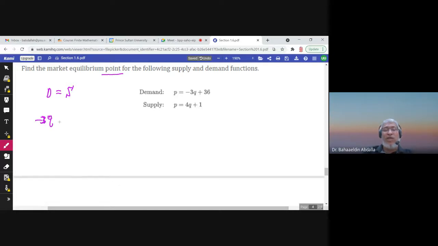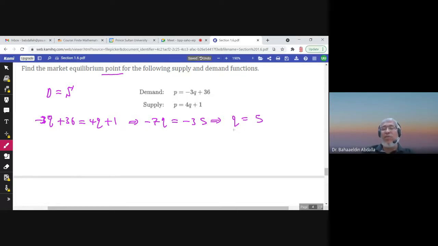So negative 3Q plus 36 should be equal to 4Q plus 1. If I take 4Q to the other side, then I will have negative 7Q. And if I take 36 to this side, I will have 1 minus 36, which is negative 35. And then Q would be negative 35 over negative 7, which is 5.